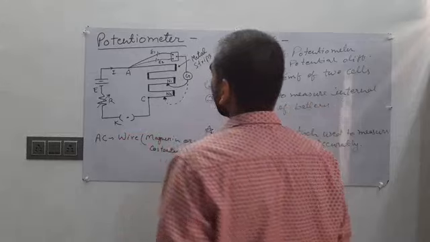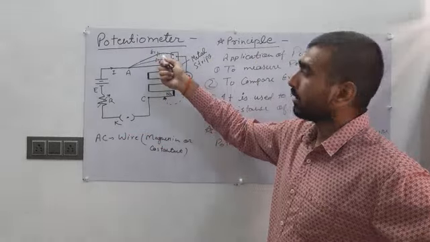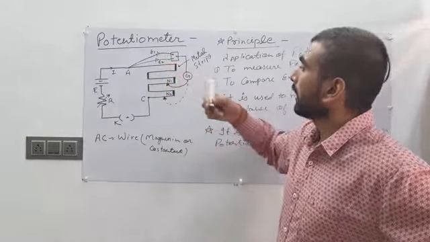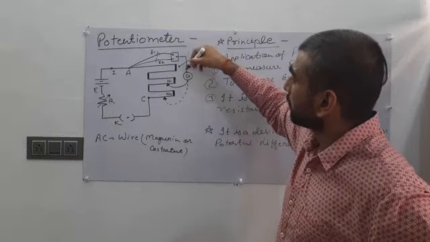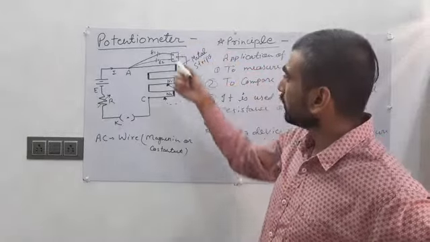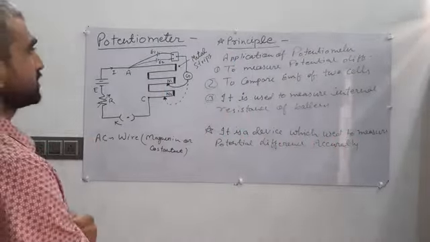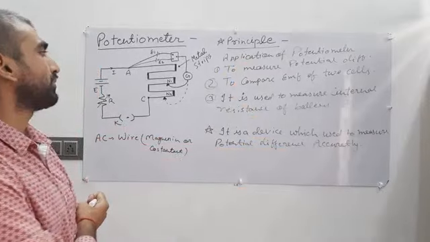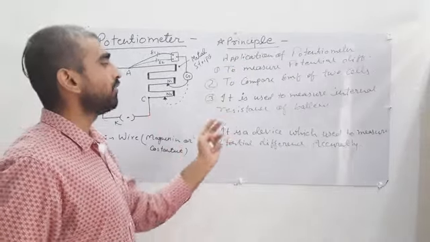You can see that we connect here two batteries whose EMFs are E1 and E2, and these batteries are connected to the galvanometer through a dual switch. Now these are the applications of the potentiometer, and we will discuss these applications one by one.